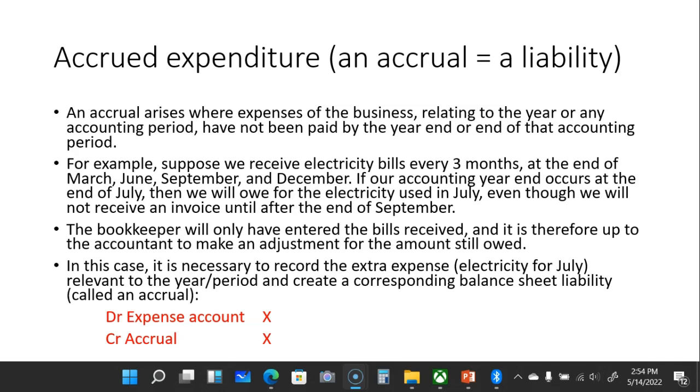They are expenses which have already been enjoyed by the business, but the business did not pay by the time their year-end arrived. So what then happens? They have to debit the particular expense account and credit the accrual.